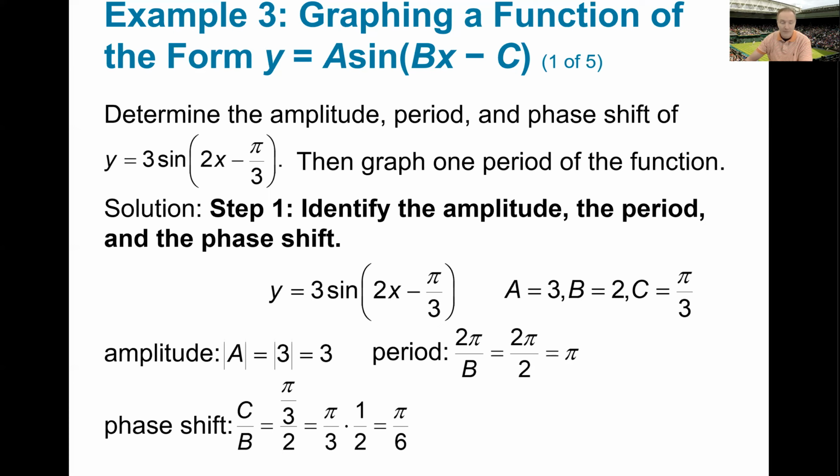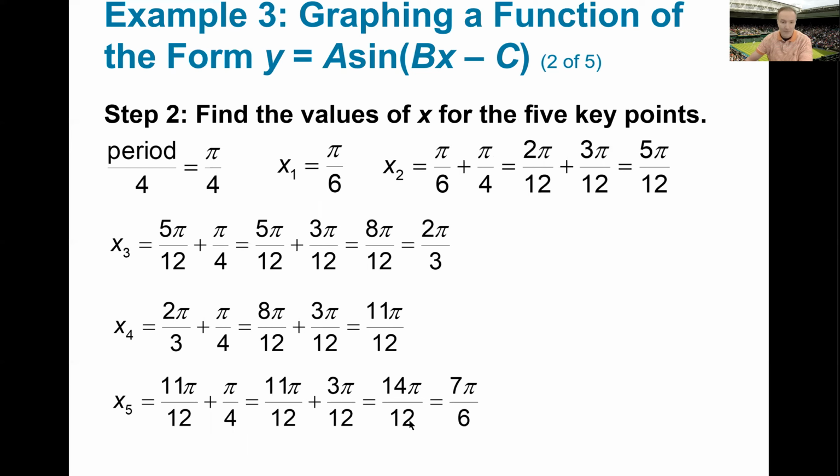So to get from the first important point to the next, I'll just say pi over 6 plus pi over 4. That's what I'm doing on this page. The increments in this graph are always whatever your period is, which in this case is pi radians, divided by 4. The important points in the unit circle are all at the 1/4 points.